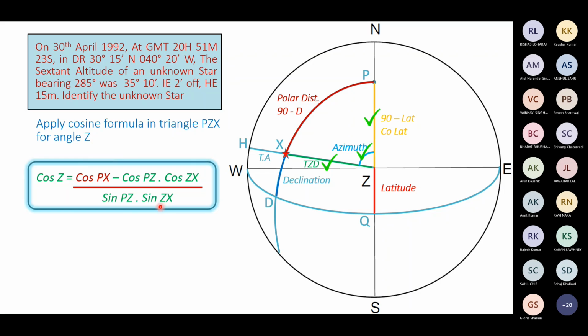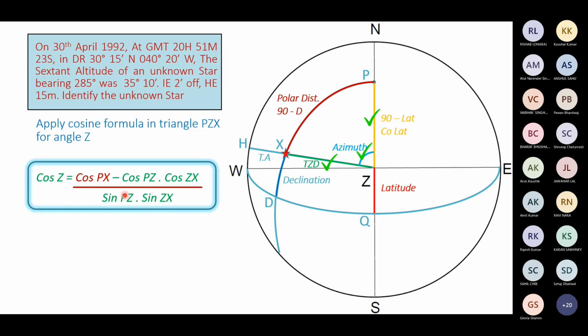And if you look carefully in this formula, all the items marked in green are known to us. Angle Z on the left hand side is the quadrantal azimuth, which is known to us. Then PZ is the colat, known to us. ZX is the true zenith distance, known to us. At the denominator, again, PZ and ZX, both these values are known to us.